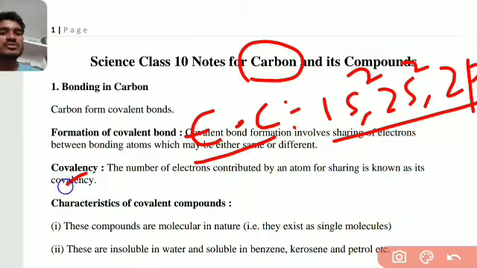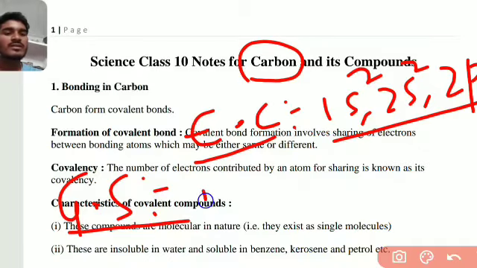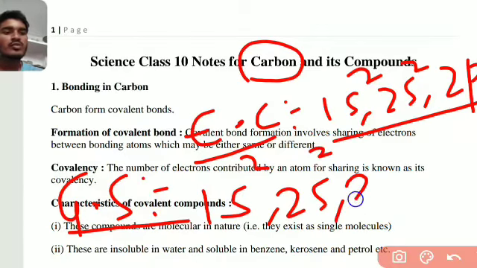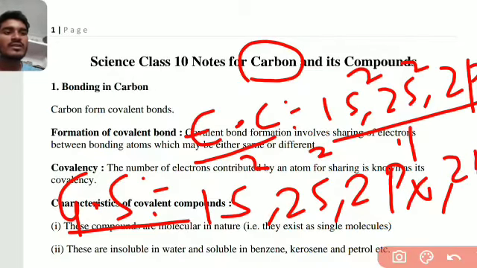Now we see the ground state. Ground state configuration means it is stable and has the lowest energy: 1s2, 2s2, 2px1 and 2py1, and 2pz is 0.